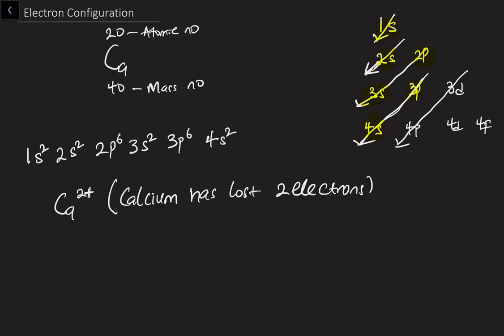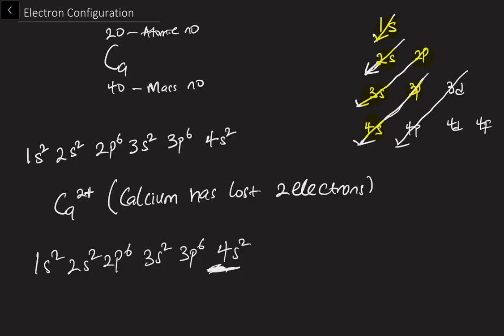So like we wrote above, 1s2, 2s2, 2p6, 3s2, 3p6, 4s2, which is the electron configuration for calcium. Now you will take out the electrons from the highest energy level. In this case, the highest energy level is 4. So that's 4s2.